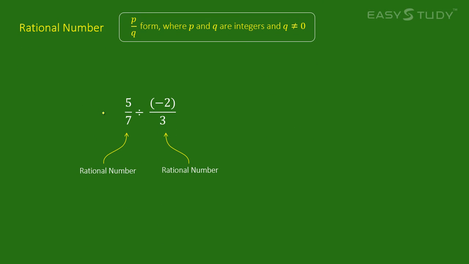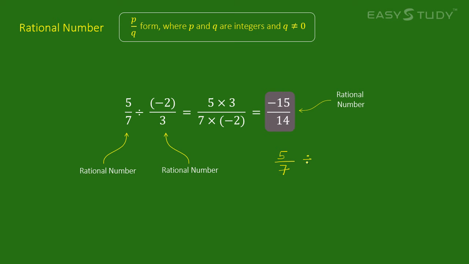How about division? In this case, we are dividing two rational numbers, 5 by 7 divided by minus 2 by 3. If you solve this, it is equal to minus 15 by 14. Here, this is giving us a rational number. In fact, for most rational numbers, the division produces a rational number. But how about this? Let's divide 5 by 7 by the rational number 0.